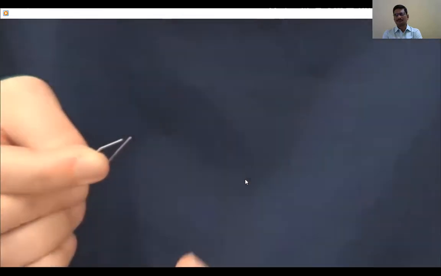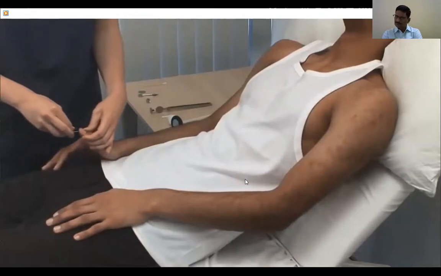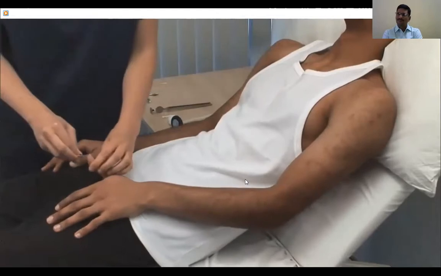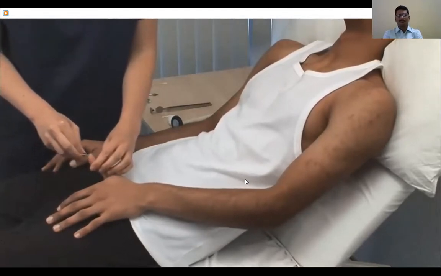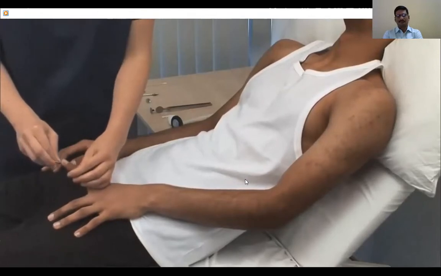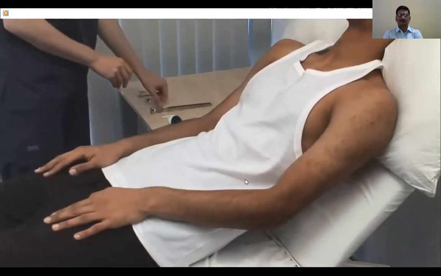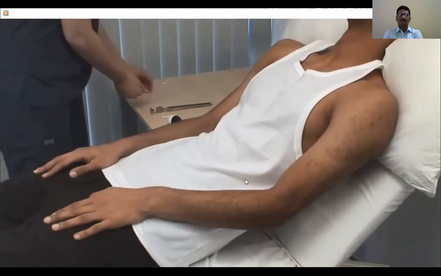Test both the middle fingers and the thumbs. You can adjust the distance between the 2 points to determine the minimum separation that is resolved.